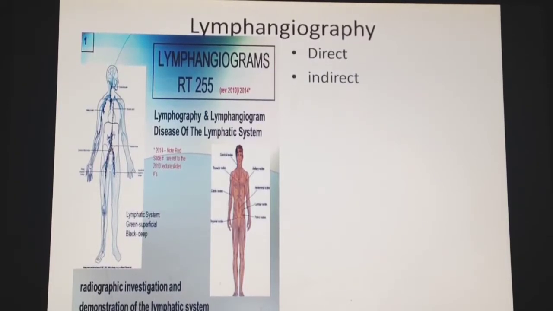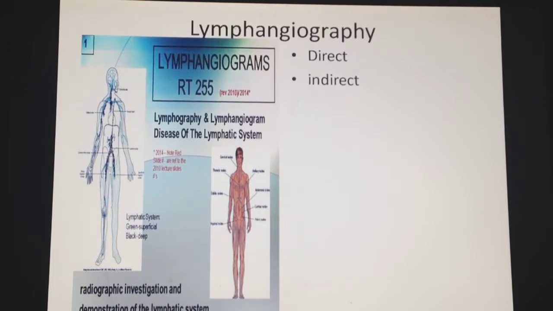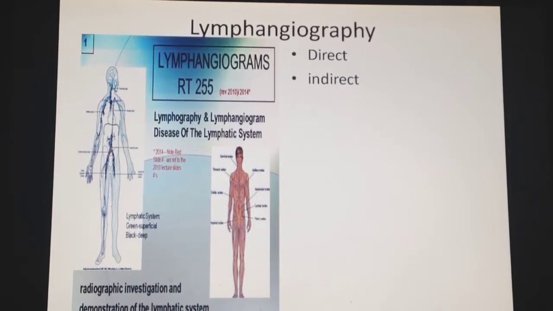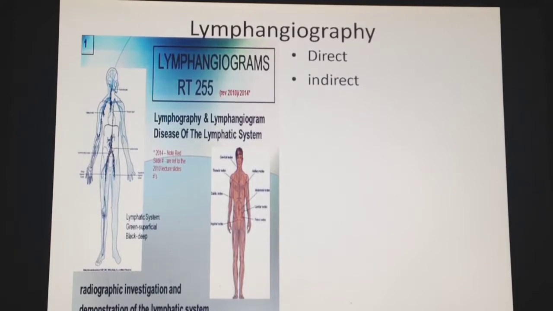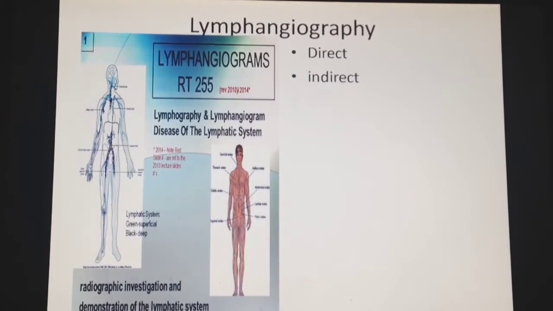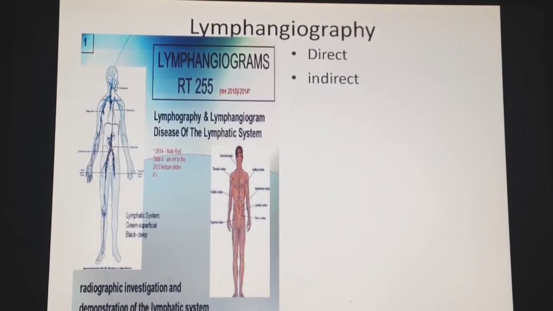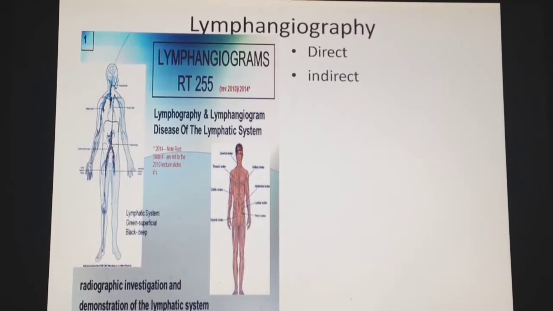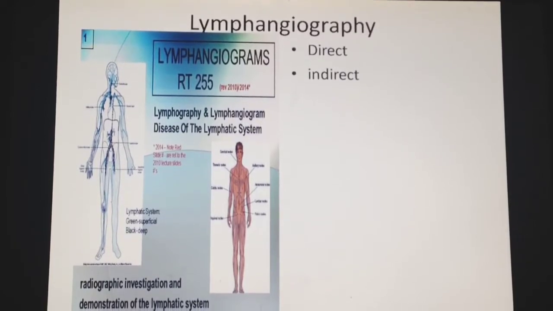Whereas in indirect lymphangiography, we use an intradermal injection of water-soluble, non-ionic contrast in the web space from which the lymphatics take it up. So one thing is we directly inject it into the lymphatic system to assess an obstruction, and in the indirect one, we inject the dye in a web space.